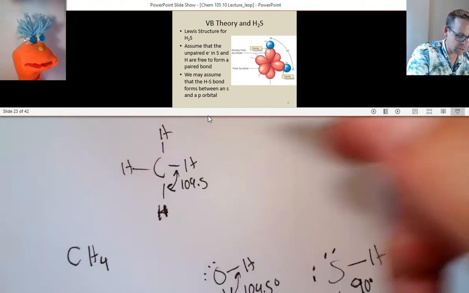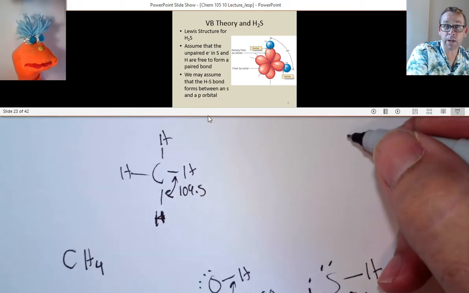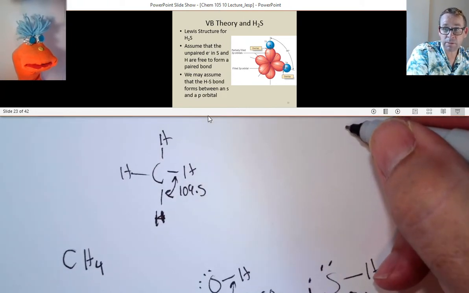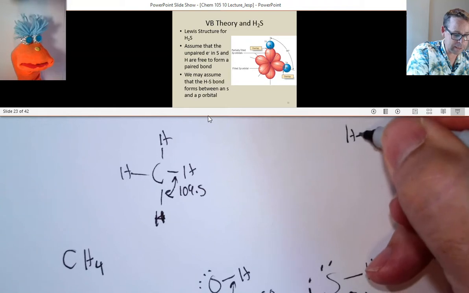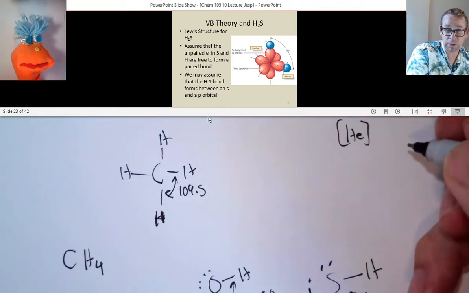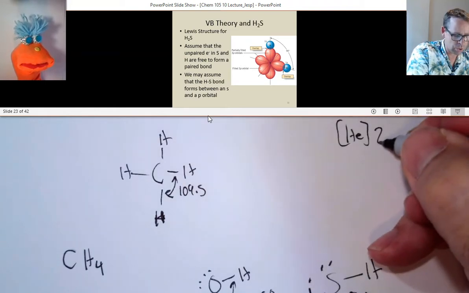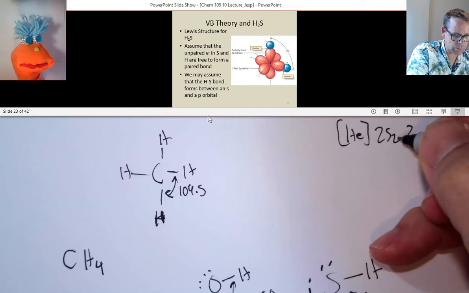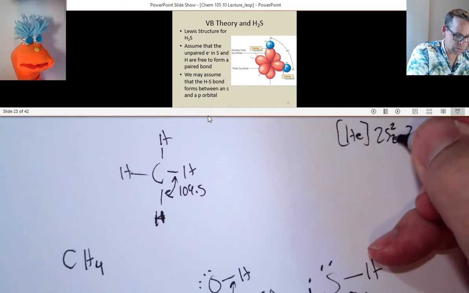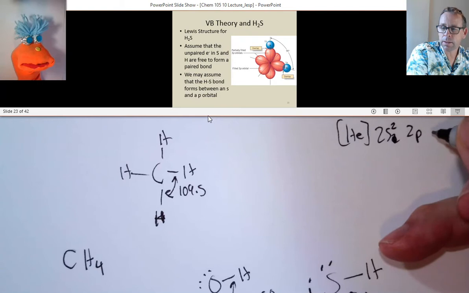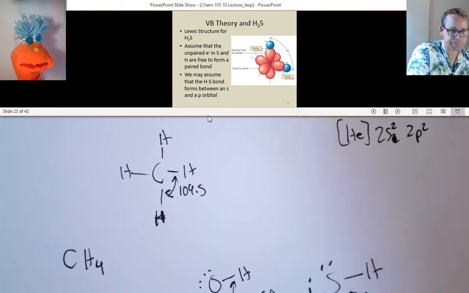If we think about carbon's orbital diagram, carbon has a helium core, and this is the electron configuration with a 2s2 and a 2p2.